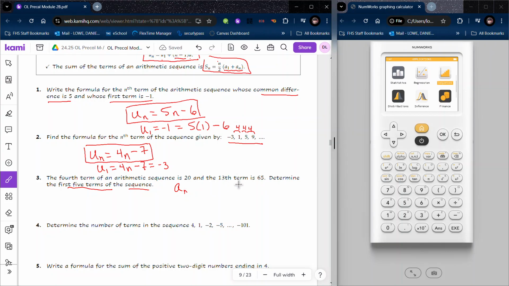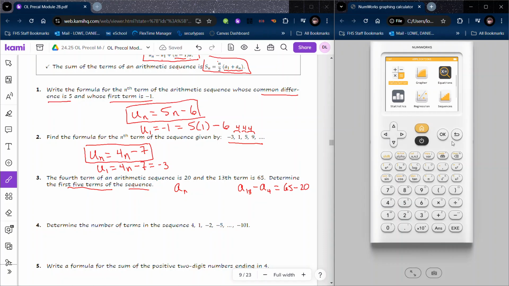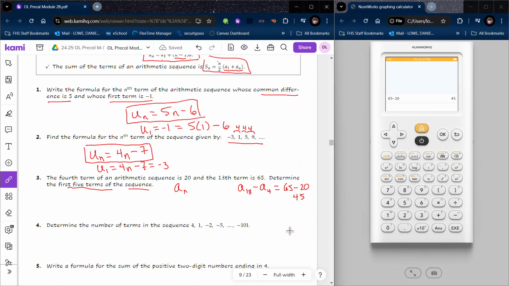One way is to recognize that the 13th term minus the fourth term is going to be 65 minus 20. Right? So if I come over to my calculator and I say 65 minus 20, or even without, I get that that's going to be 45.